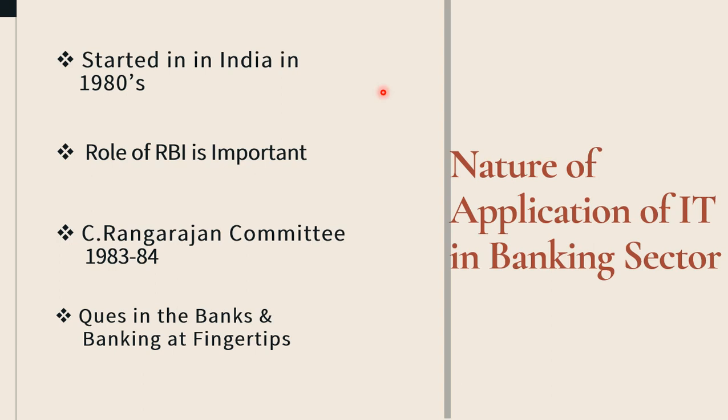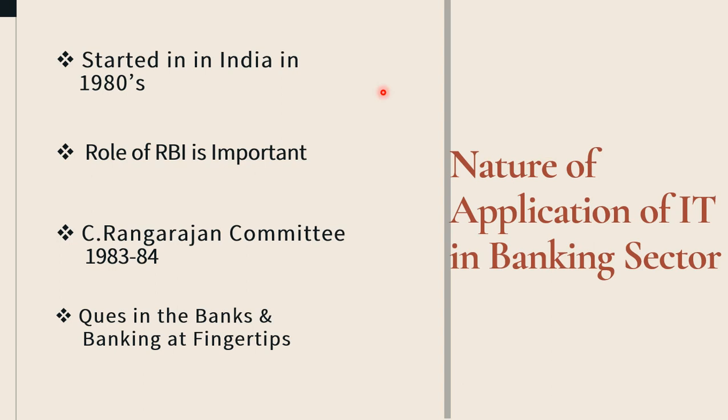Nowadays we can avail banking services from anywhere at our fingertips. We can avail the banking services every time, 24 by 7. We can avail these banking services very easily from our convenient places. Why is it happening? It is happening because of the connectivity of the banks with each other.